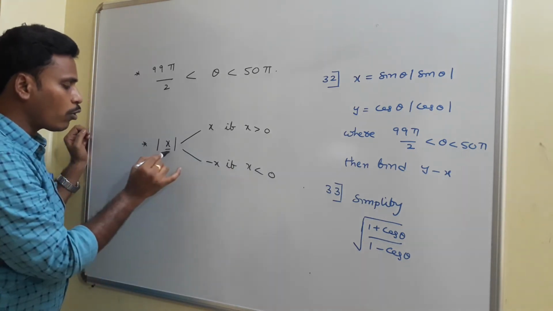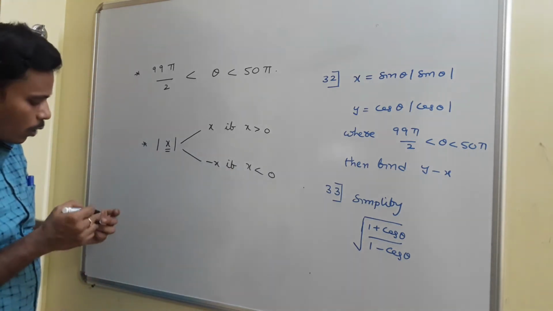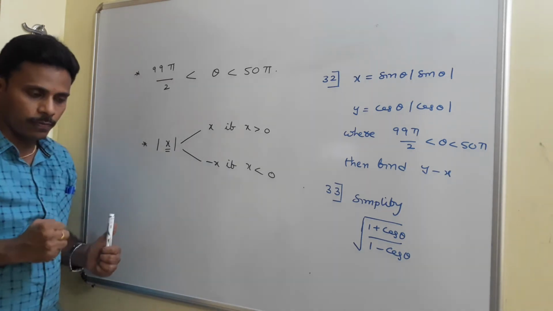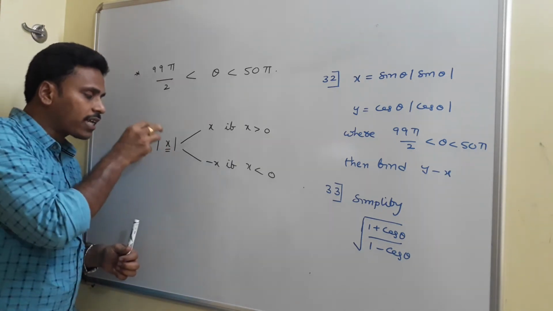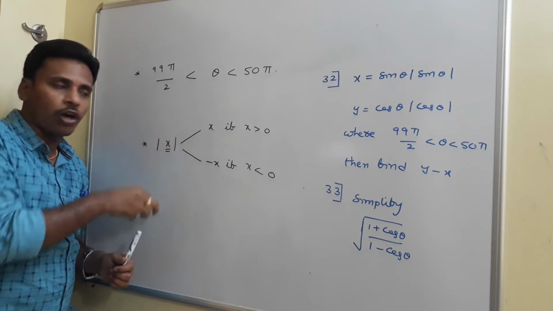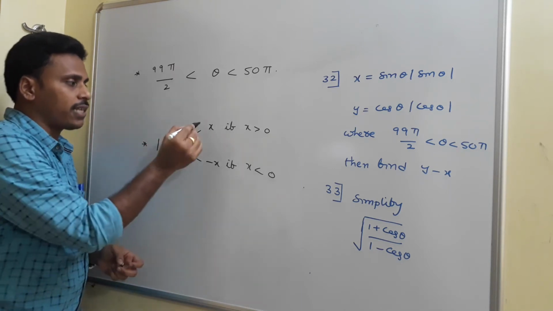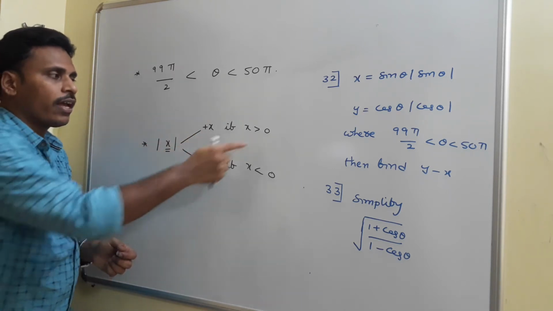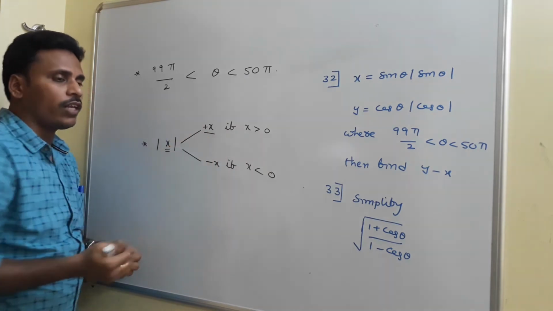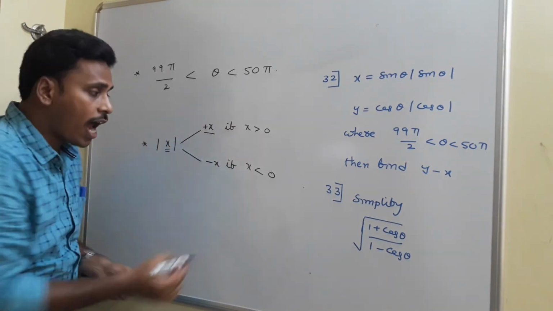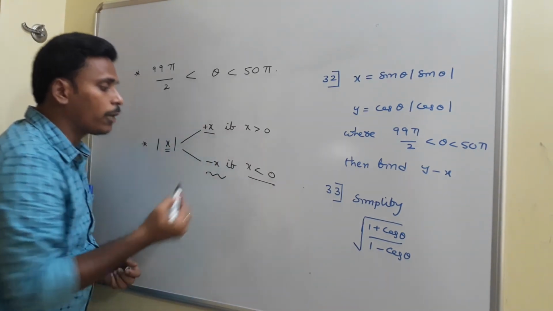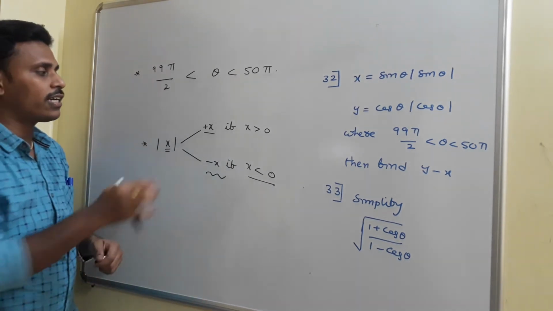You need to think about the expression which is there under this modulus. If the x which is there in the modulus is positive, the result is plus x. x or plus x both are same. If x is positive, it is plus x. We need to multiply with plus sign. And if x is negative, you need to multiply with a minus sign. Like that is minus x.